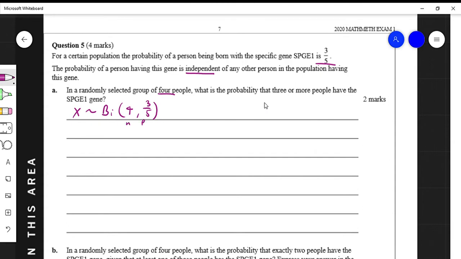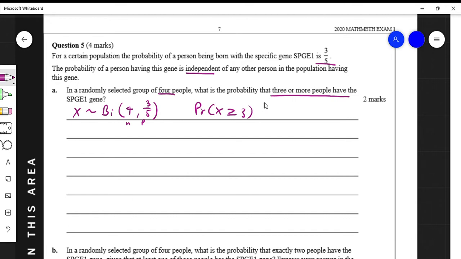So this is our n and our p. And so what we're trying to find is the probability that 3 or more people have the gene. And this is shown with our probability x is greater than or equal to 3. Because if 3 people have the gene, that's x equals 3. If 4 people have the gene, that's x equals 4, out of the group of 4 people.